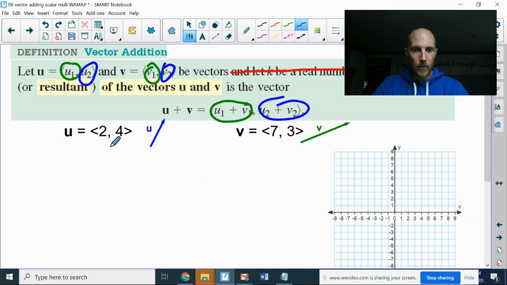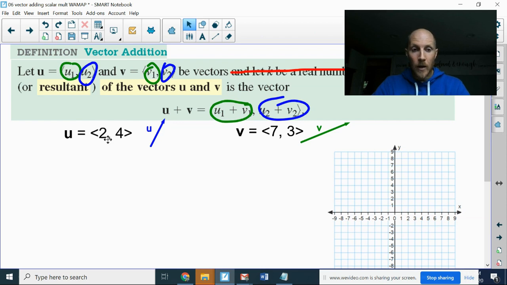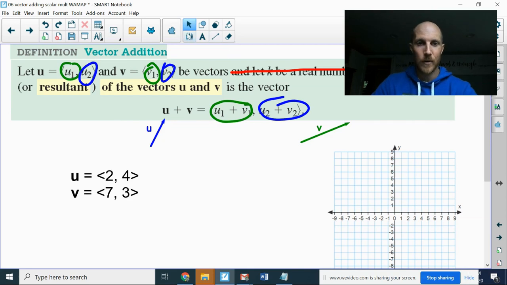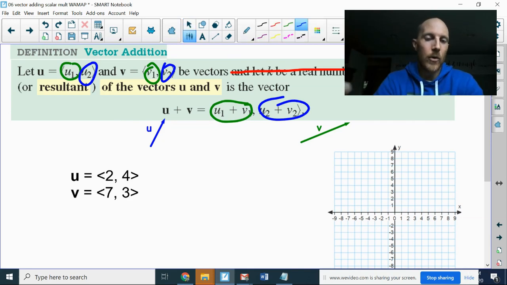So if I have u is 2, 4, and v is 7, 3, then I can add the x's together and I can add the y's together. I like to do it this way. I like to stack them vertically so I can work in columns.